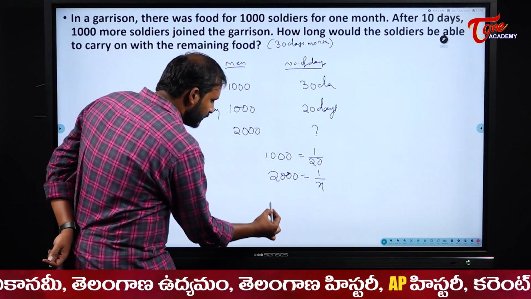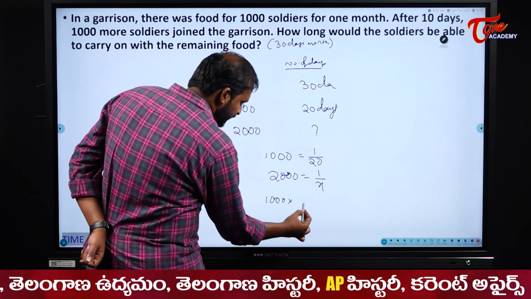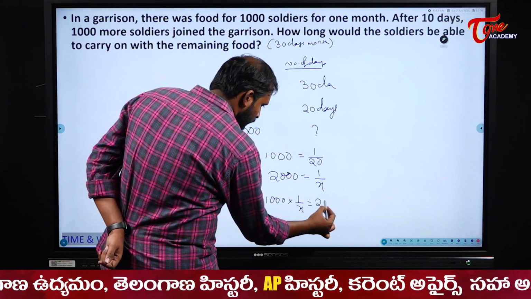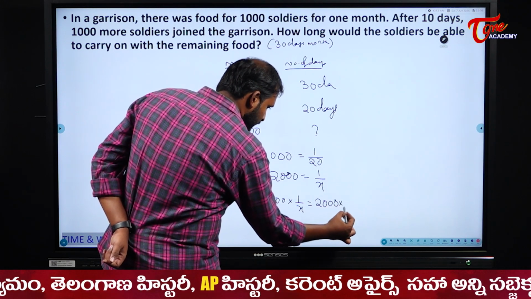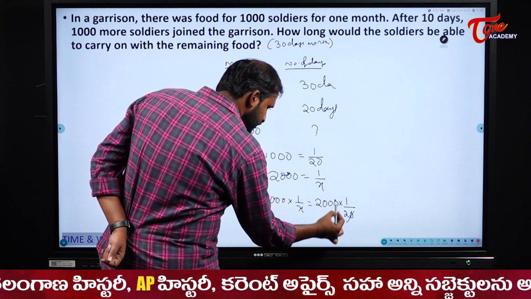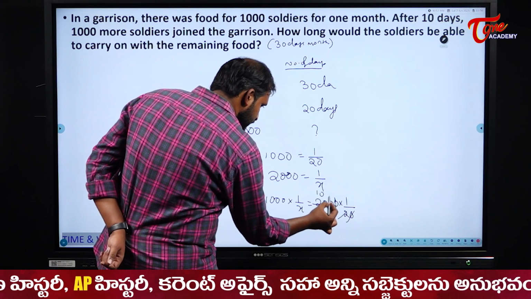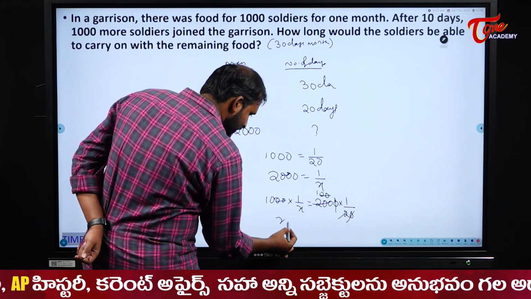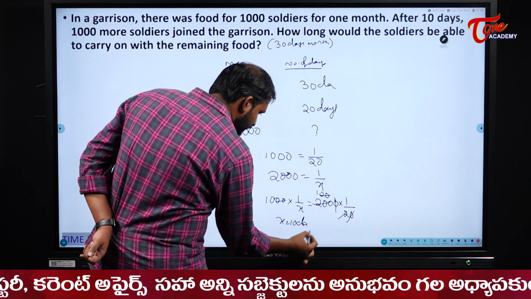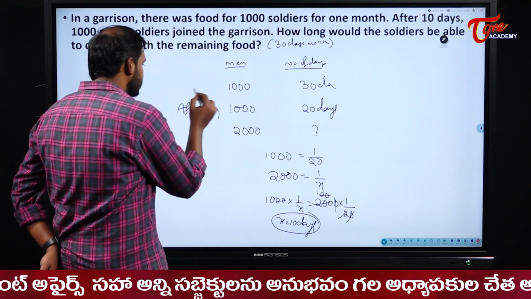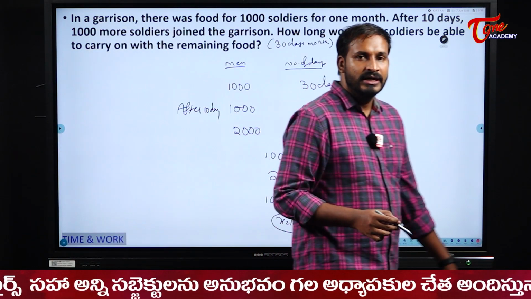Cross multiplied, 1000 into 1 by x is equal to 2000 into 1 by 20. Zeros cancel, so what will the x value become? 10 days. That means the food will be left for 10 more days.